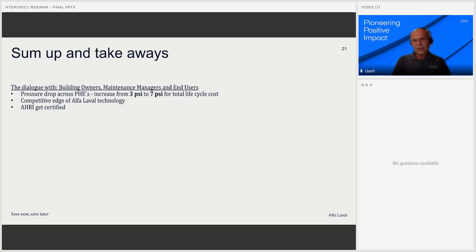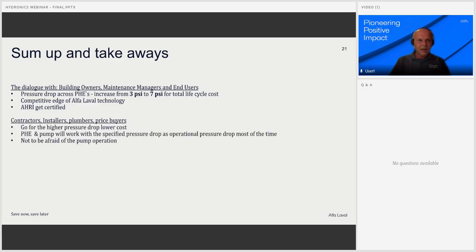Of course, the advantage of Alfa Laval new technology, the new plates, and of course the HRI certification program. We also work closely together with the contractors in the market, and we always advise go for the higher pressure drop. In the longer run, it means lower cost.